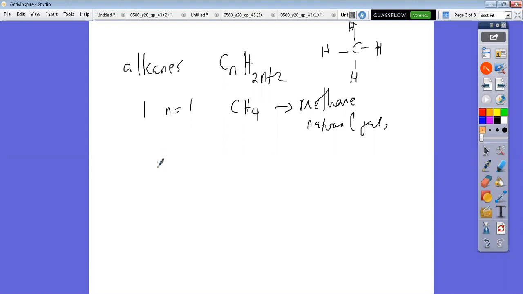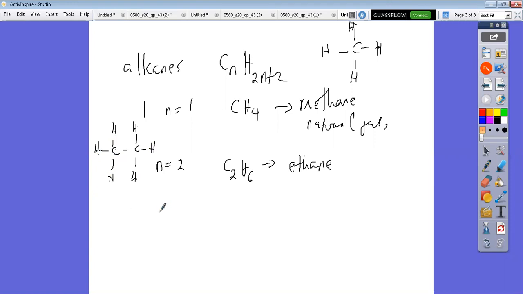The next one is when n is equal to 2. When n is equal to 2, we have C2. Use your formula, 2 times 2 is 4 plus 2, 6. H6. And we call that ethane. We draw that like this, with hydrogens around the carbons.